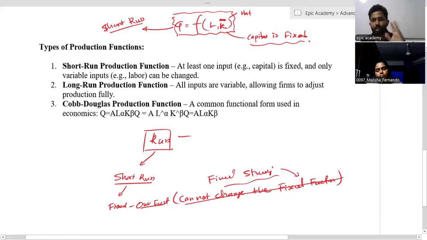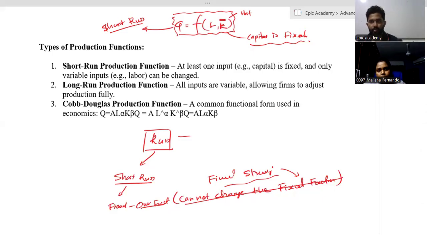As an example, just consider you are starting bakery production to produce bread and cakes. Okay, already you built up the building. Then your day-to-day earning is enough to pay for the workers.